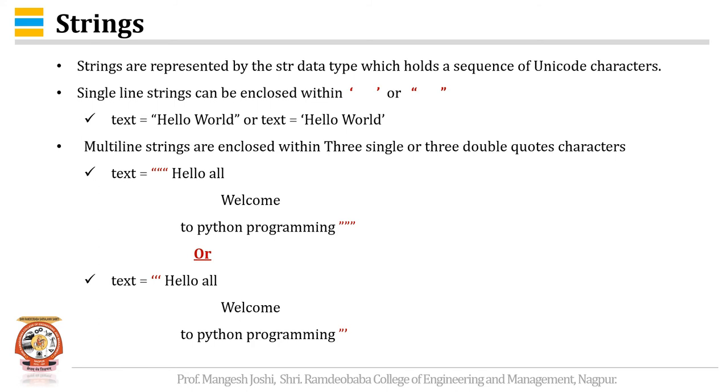Now suppose you want to assign the text variable multi-line strings, meaning hello all is in one line, welcome is in the second line, and to Python programming is in the third line. These are called multi-line strings. If you enclose this multi-line string in single or double quotes, it will give you an error. So how to deal with such situations?